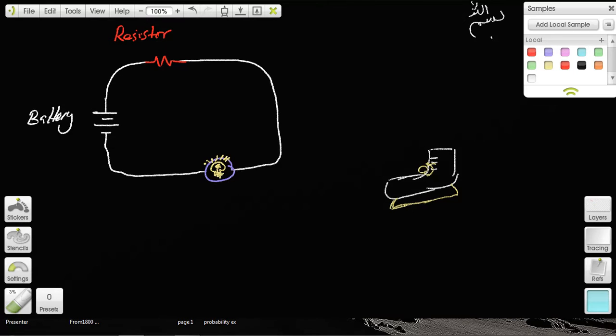No, you won't, because there's too much resistance, right? You'd be kind of silly, ice skating on the cement with the ice skating boot. So that's the same concept. There's a resistance to the flow of current, and it slows it down. So a resistor is a device that slows the flow of current down.